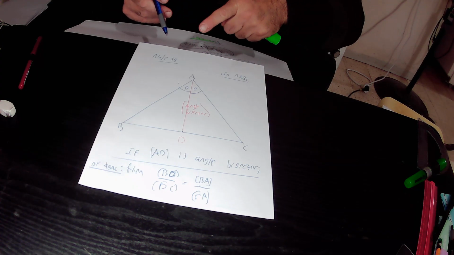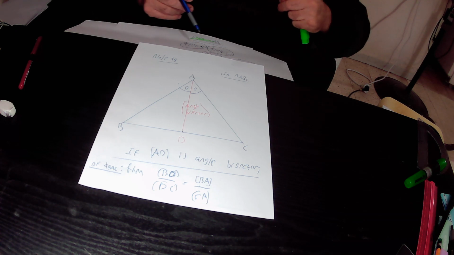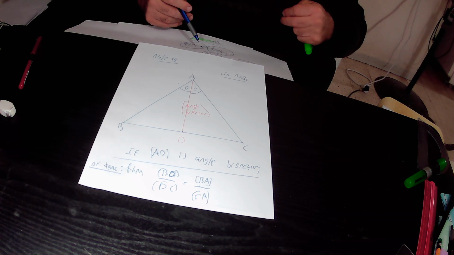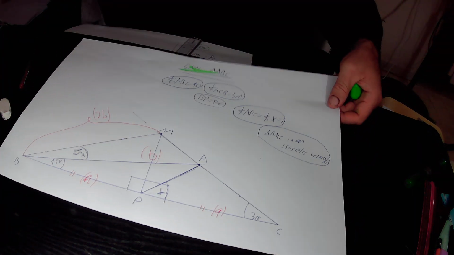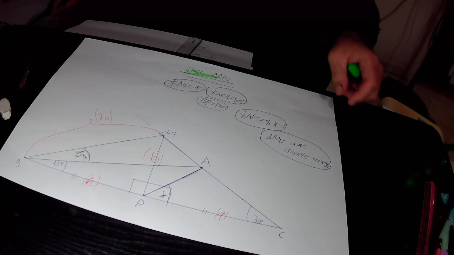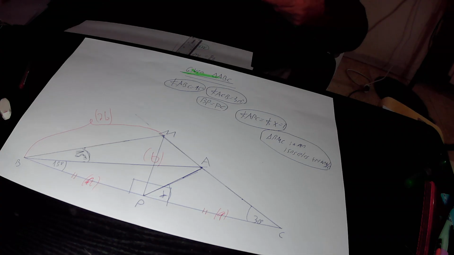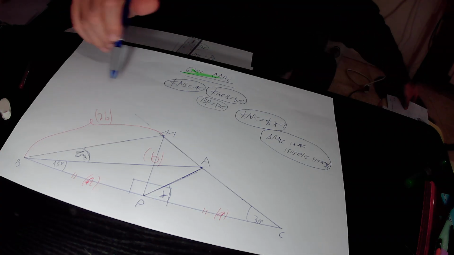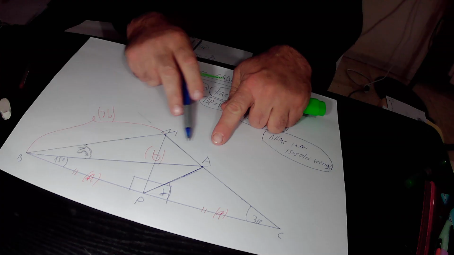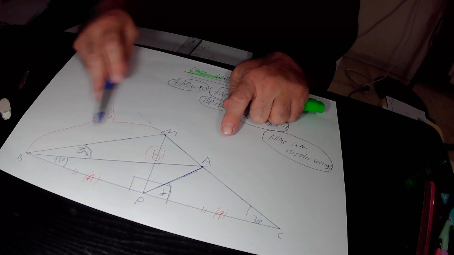This is also defined as rule 19 in our associated triangle BMC. So in the associated triangle BMC, AB is the angle bisector of angle MBC.